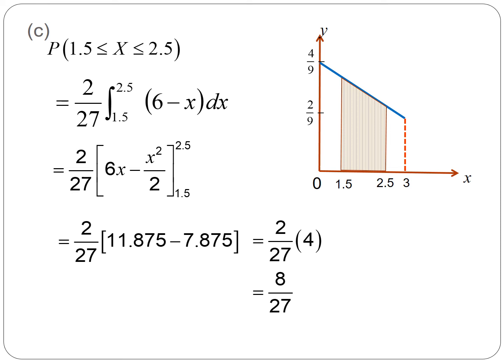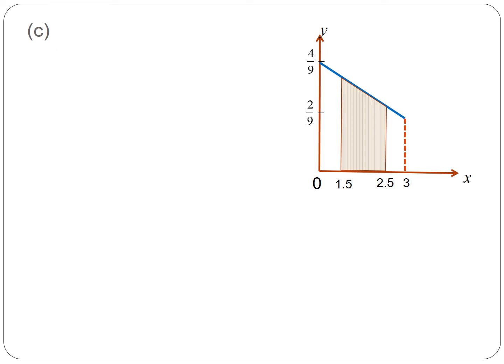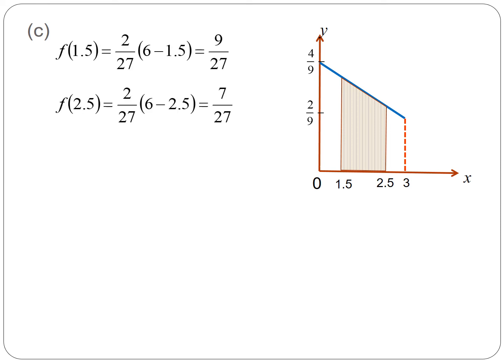Now, if we look at the shape under the line, it has a trapezium shape. So we can use the trapezium formula to find the area under the line. But first, you need to find the value of f of 1.5 and the value of f of 2.5.